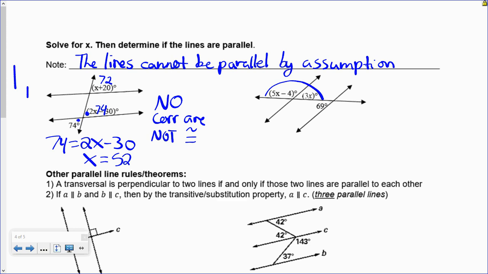Kaylee? Use linear pair. There you go. Linear pair. That is valid regardless of whether the lines are parallel or not, so we're going to fall back on that. So for linear pair, I'm going to have 5x minus 4 plus 3x equals 180.